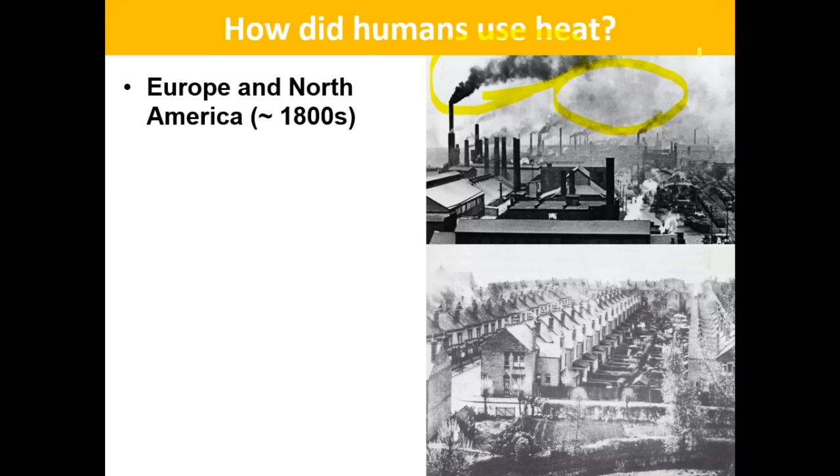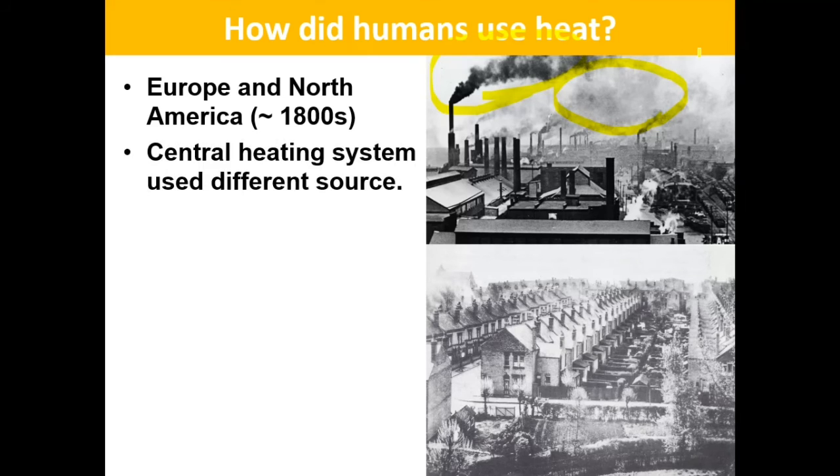But let's go through how humans use it. First of all, the central heating system uses a little different source in the 1800s and in the future. Nowadays we use natural gas. We don't even use diesel as much because of the pollutants. But back then, the source was coal.